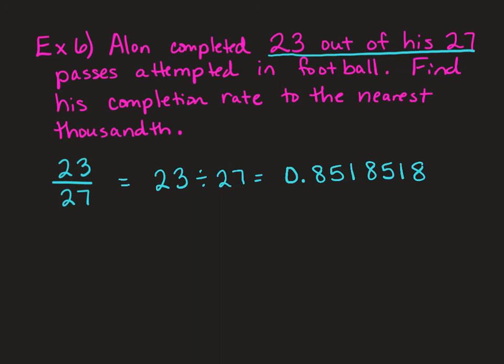But it's not asking us to write it as a decimal with a bar over the repeated digits. What it's asking is for it to be rounded to the nearest thousandth. So I find the digit in the thousandths place. That would be the 3rd digit after the decimal. And I use the digit to the right to either round up or stay the same. Well, 8 is 5 or greater. If it's 5 or greater, it's going to round up. So we get 0.852.